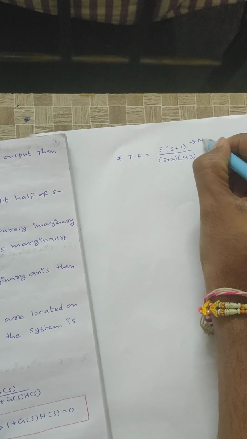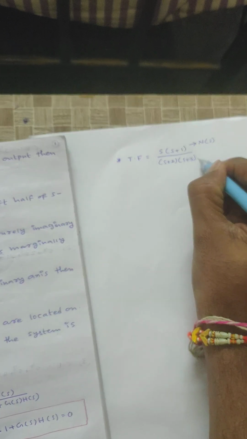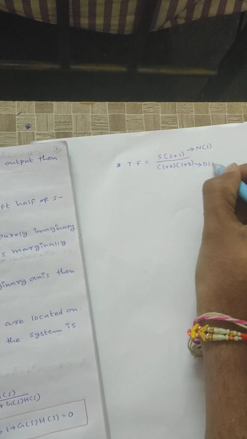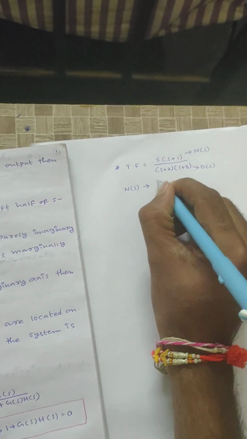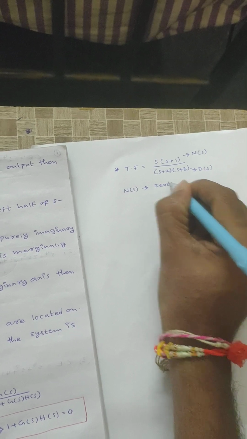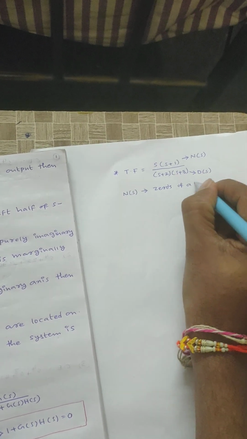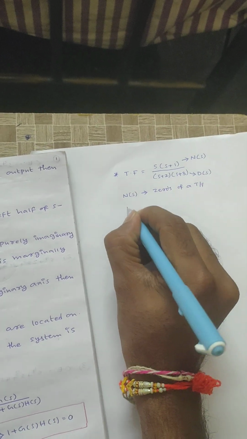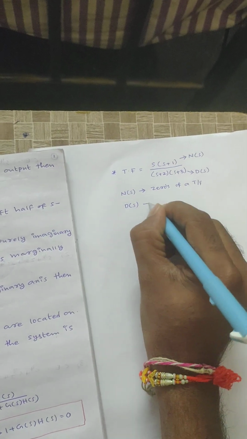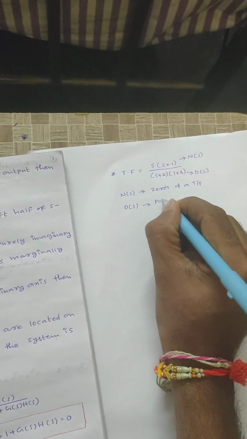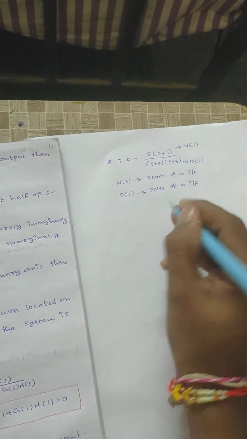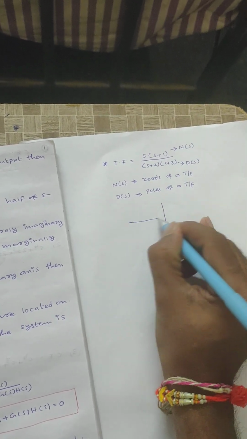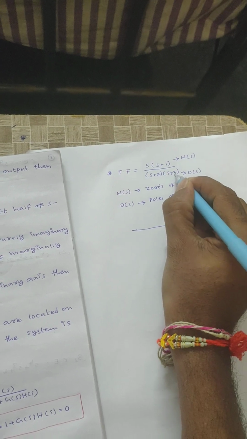Now see here, the transfer function can be written as numerator divided by denominator, right? Numerator terms are nothing but zeros of a transfer function, whereas the denominator terms are the poles of a transfer function. Here S plus 2 and S plus 3 are the poles, right?